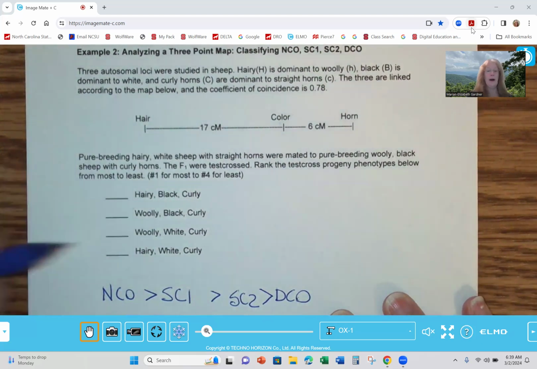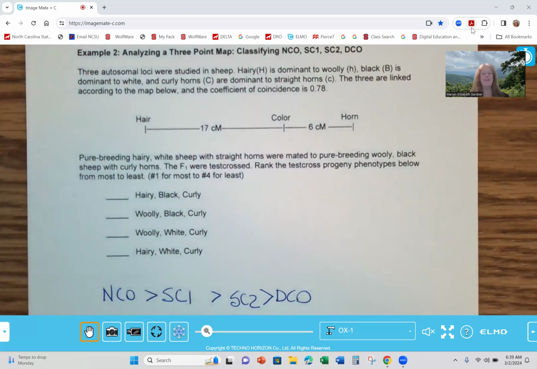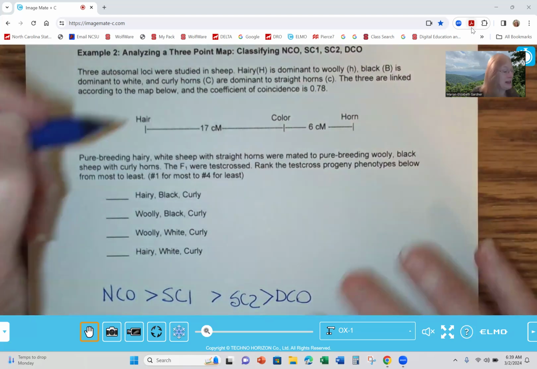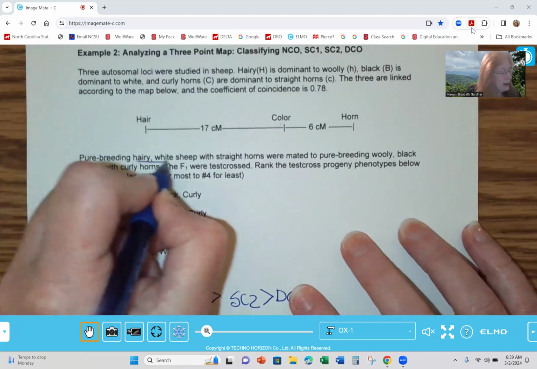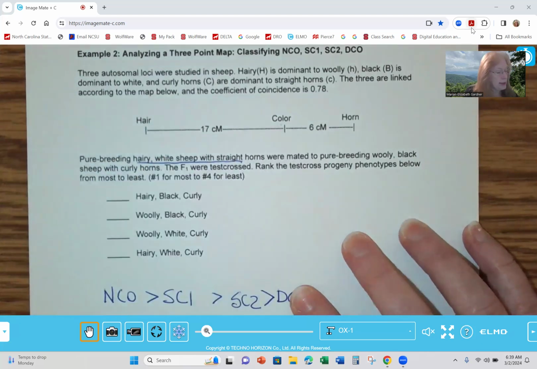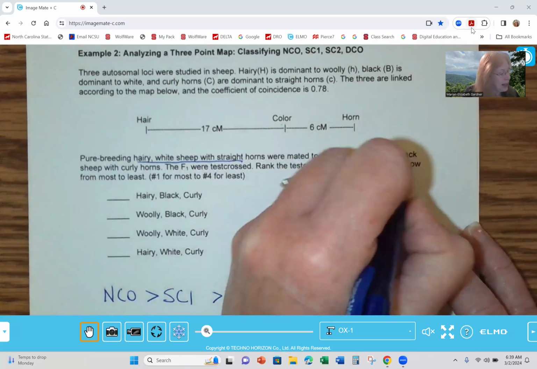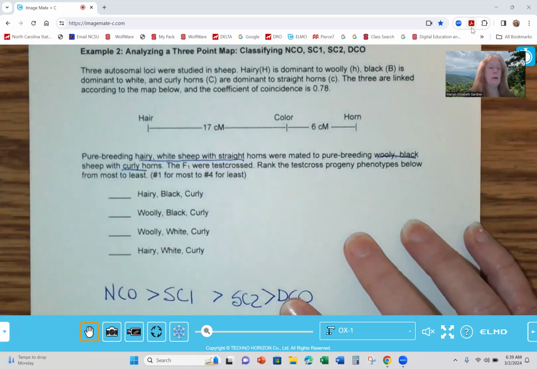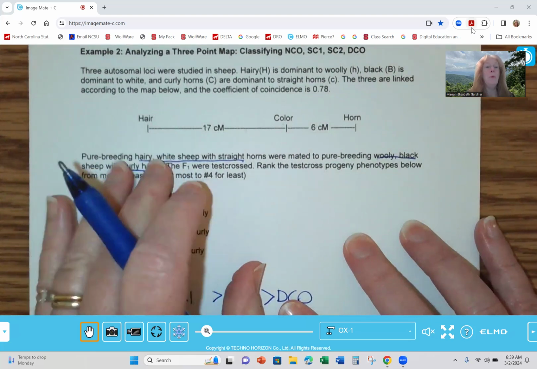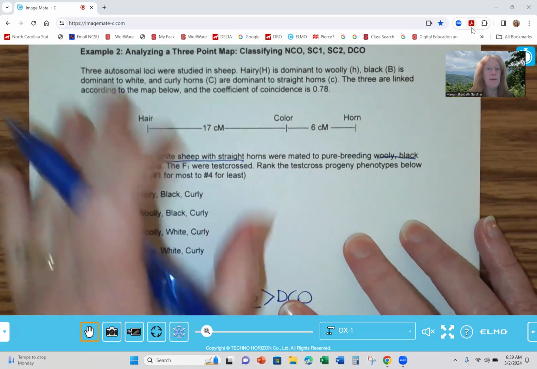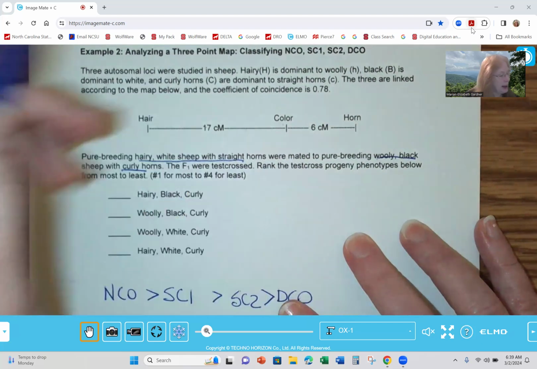Now, how do we figure out which of these are non-crossovers, SC1s, SC2s, and doubles? Well, let's take a look at that. We need to look at the specific cross. Hairy white sheep with straight horns mated to woolly black sheep with curly horns. We don't care what's dominant and recessive. We put one pure breeding type above the line and the other below the line.